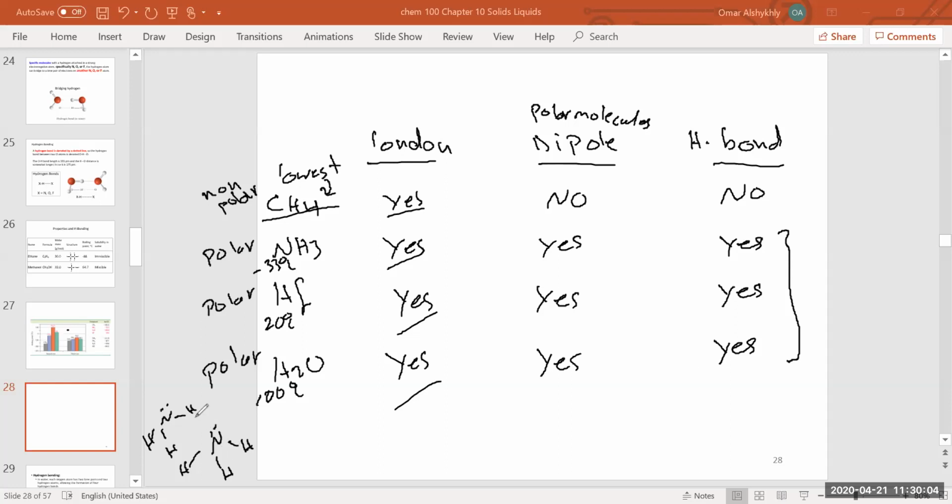So here, that hydrogen can form a hydrogen bond with this lone pair in the nitrogen, and one here with this H bond. So ammonia will be 2 hydrogen bonds.